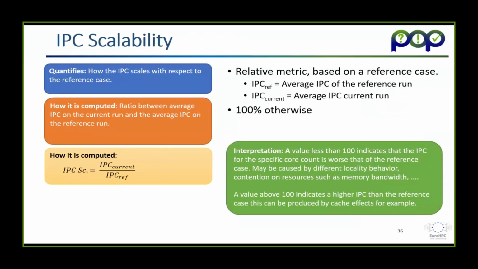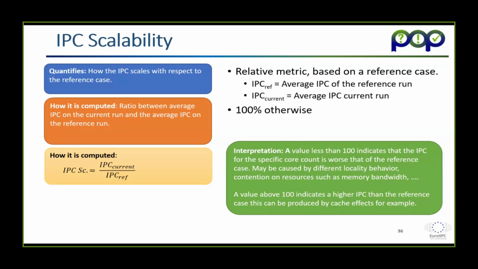The IPC scalability, the same way, but in reverse, because the higher the IPC, the better. So we compute it the other way, and it's again the same. The IPC scalability tells us how the IPC scales or changes when I change the scale or the input.